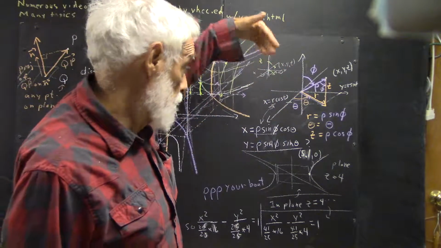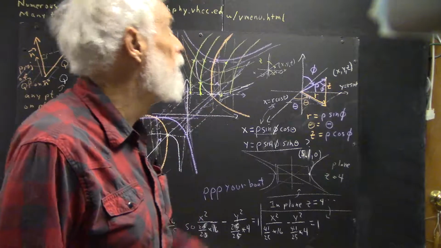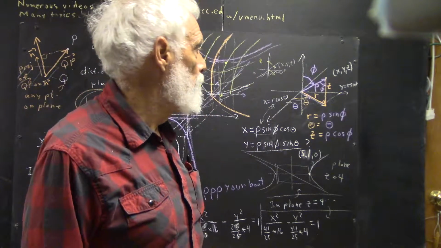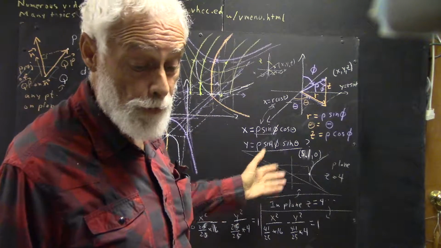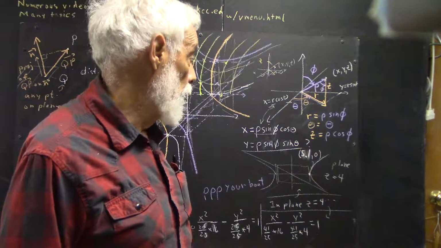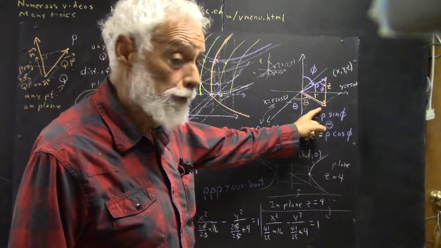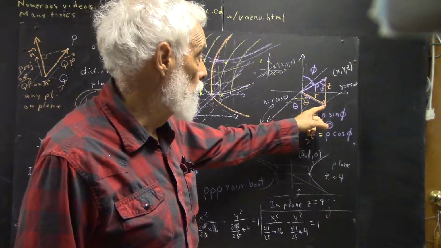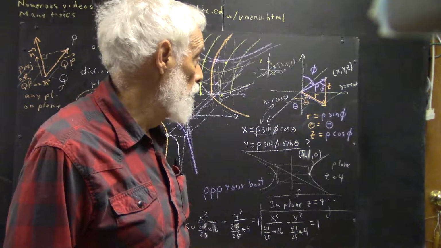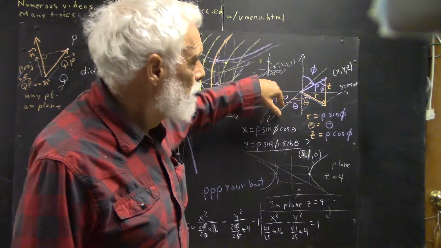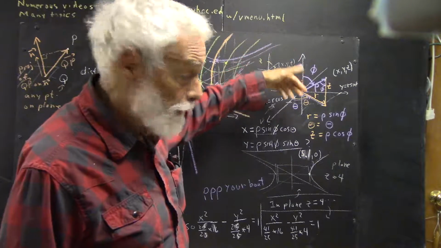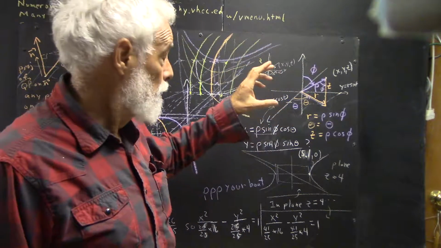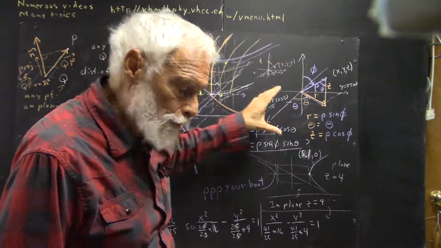So those are the relationships, and of course you have inverse relationships that I didn't mention here. If you know x and y and you want to find r and theta, well, it should be obvious to you that r is just the square root of x squared plus y squared, and theta is just the arctangent of the y coordinate divided by the x coordinate, where also you have to add 180 degrees or pi radians, and when we use these systems we use the default units of angle, the radian.